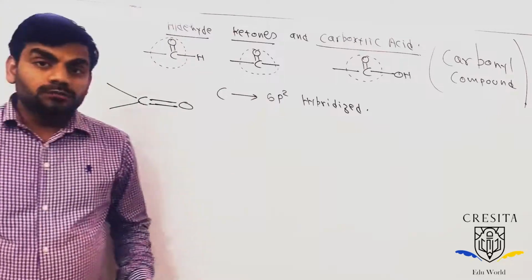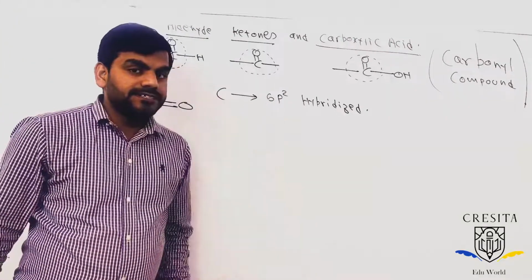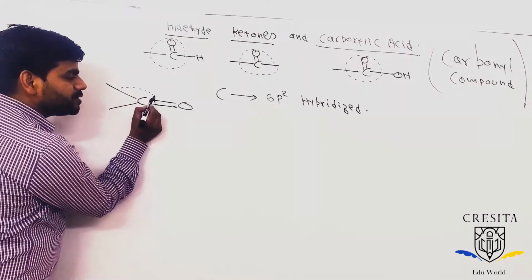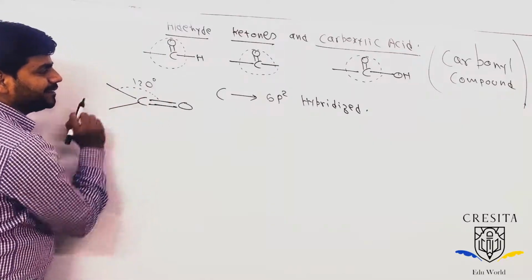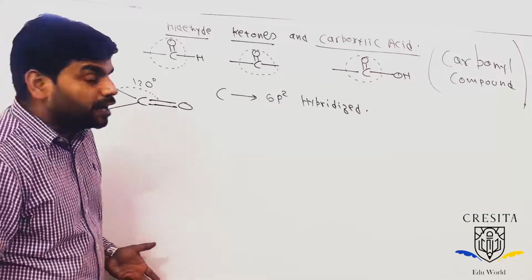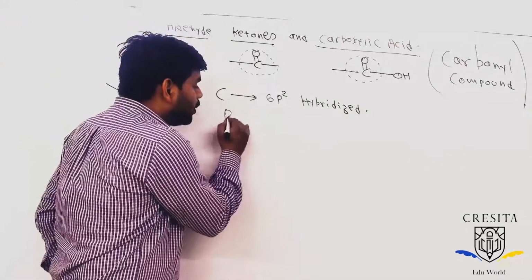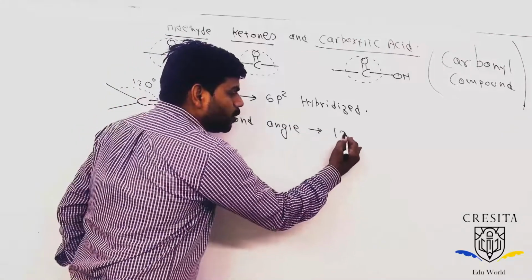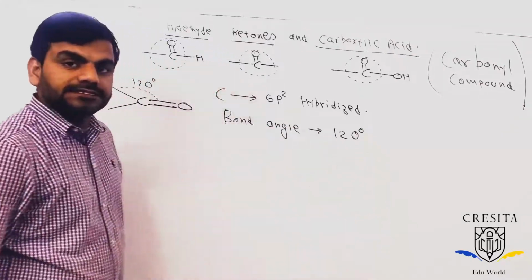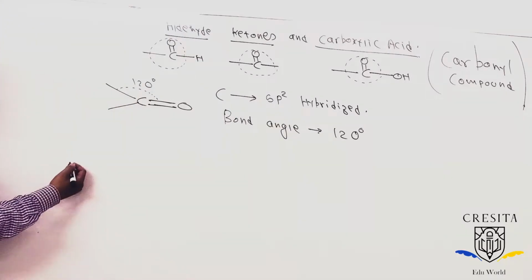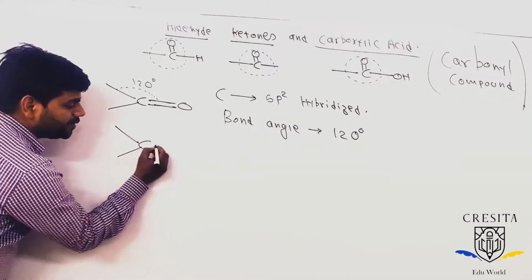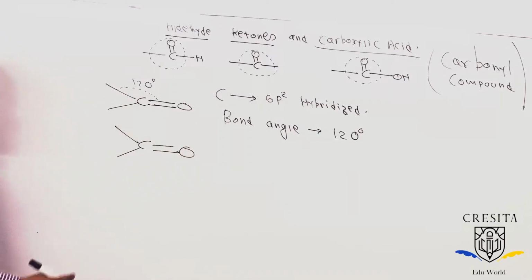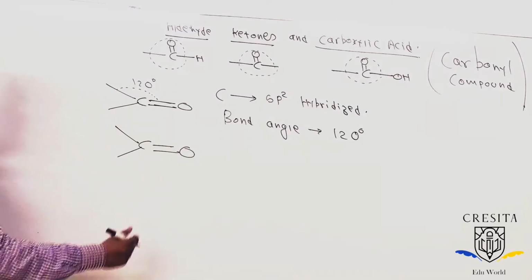Now, do you know the bond angle related to sp2 hybridization? Simple. Bond angle related to sp2 hybridization is 120 degrees. So we can say in carbonyl group, basically the bond angle will be 120 degrees.